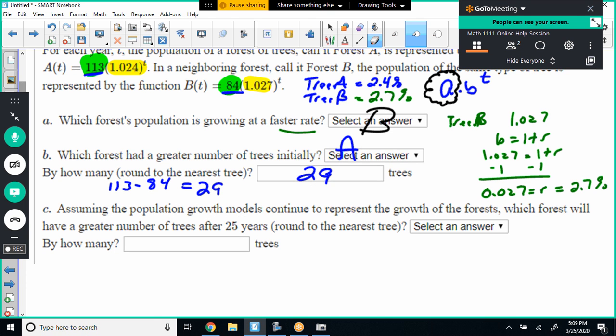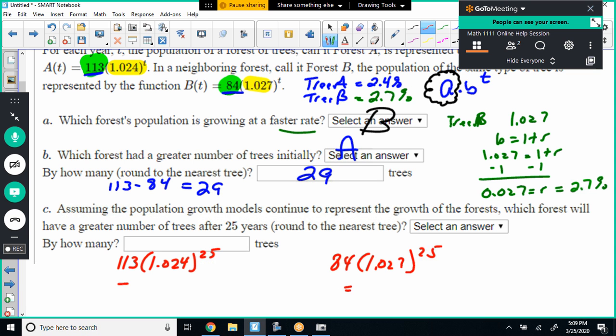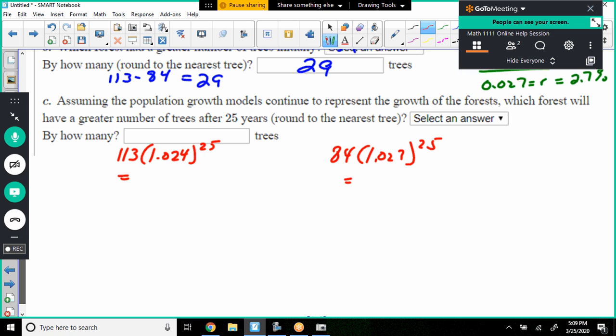Well, all we're going to do is plug in 25. 113 times 1.024 raised to the 25.